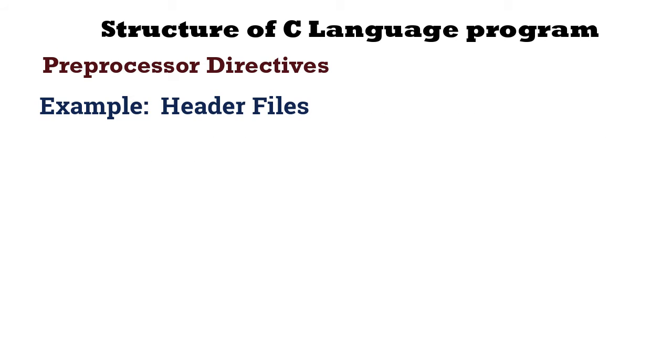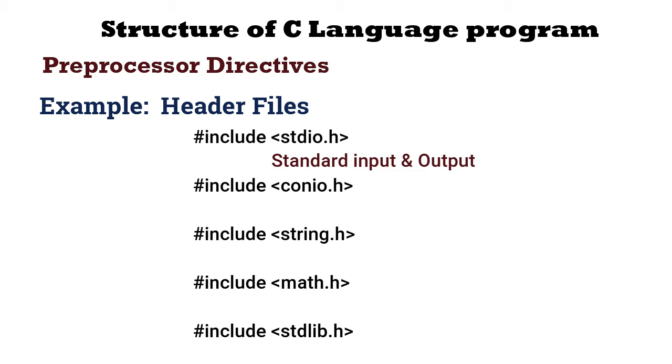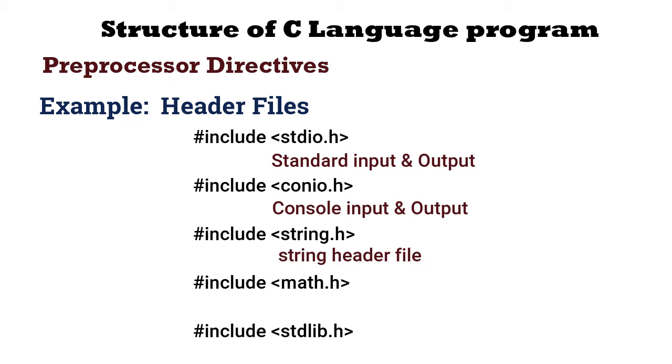Some examples of header files are #include <stdio.h>, #include <conio.h>, #include <string.h>, #include <math.h>, #include <stdlib.h>, etc.